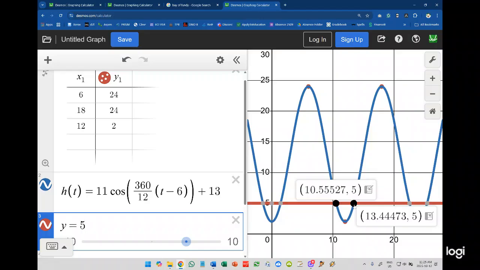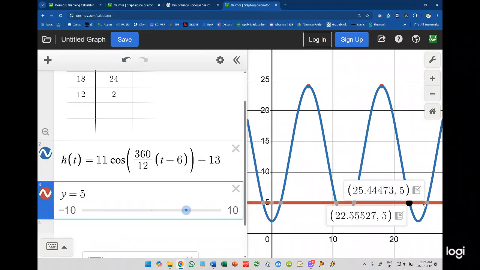So between about 10:30 in the morning and 1:30 in the afternoon, they have to be careful. And then similarly in the evening, in the evening they're going to have to be careful between about 10:30 at night, and 25 would be a full 24-hour day, and then another 1.5 hours roughly. So they have to be careful between 10:30 and 1:30 in the morning.